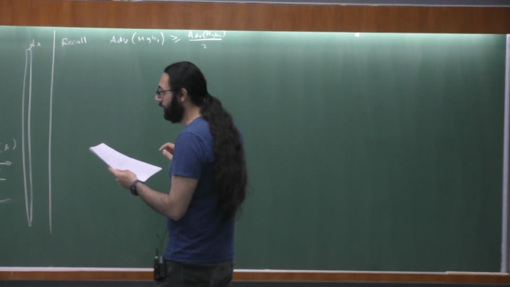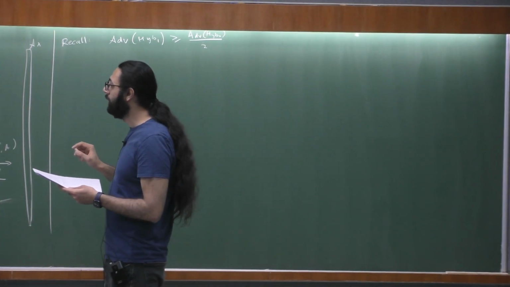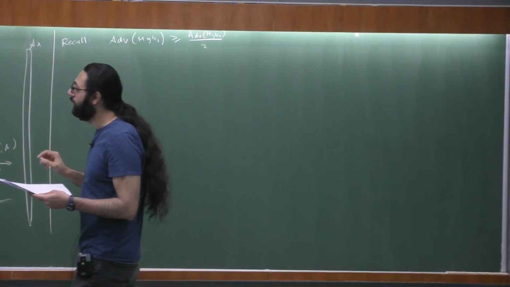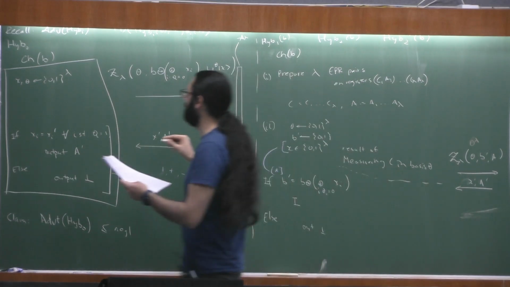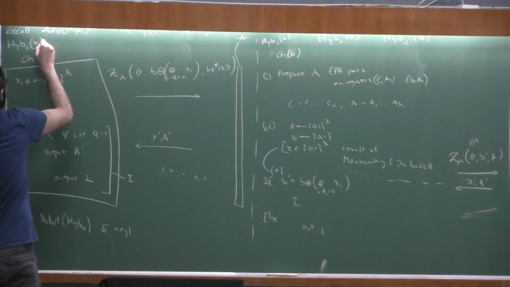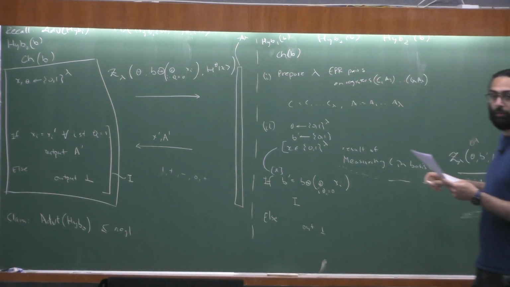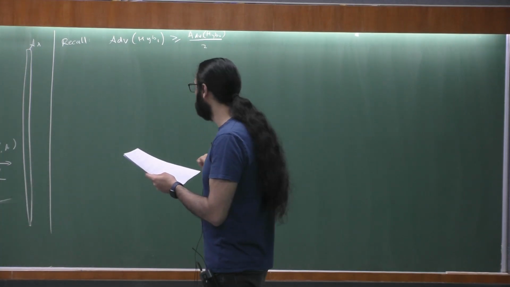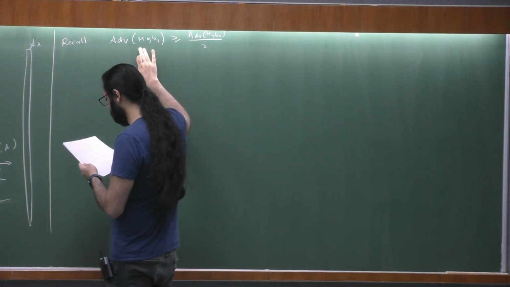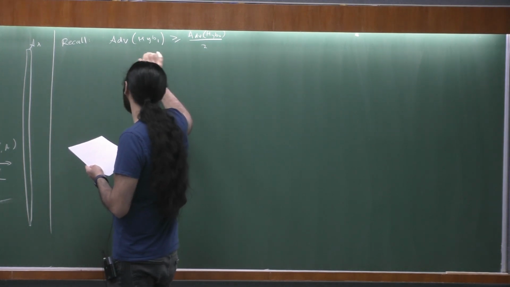What is the argument of hybrid 0 and hybrid 1? Oh yeah, it's the bit B, which we just forward to the challenger. Is that okay? Okay. So this we remember, right?